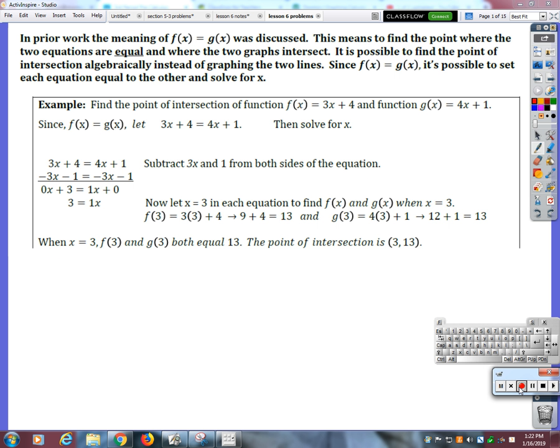All right. In prior work, the meaning of f of x equals g of x was discussed. This means to find the point where the two equations are equal and where the two graphs intersect. It's possible to find the point of intersection algebraically instead of graphing the two lines. Since f of x equals g of x, it's possible to set each equation equal to each other and then solve for x.